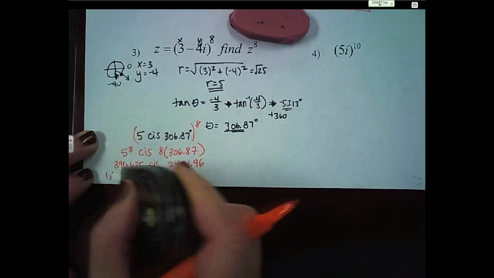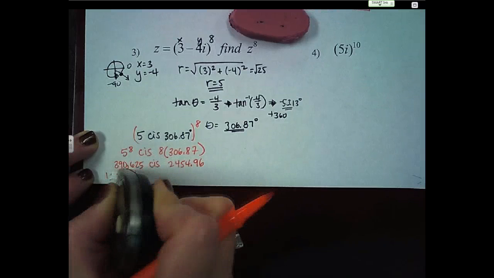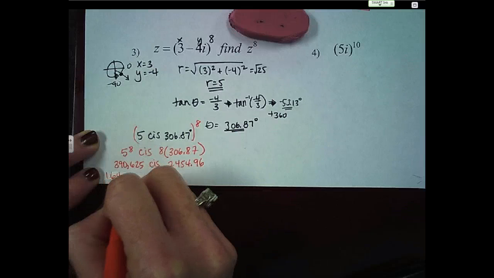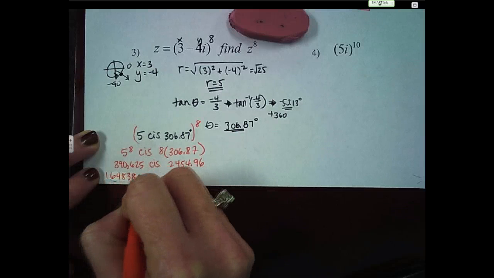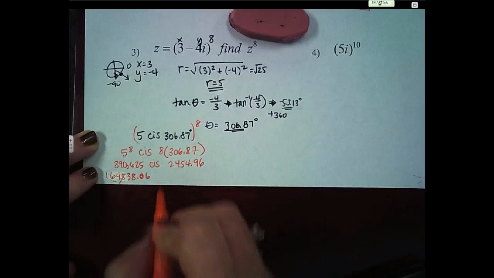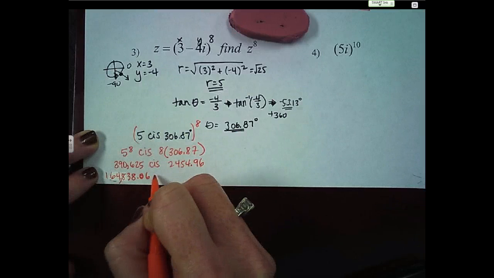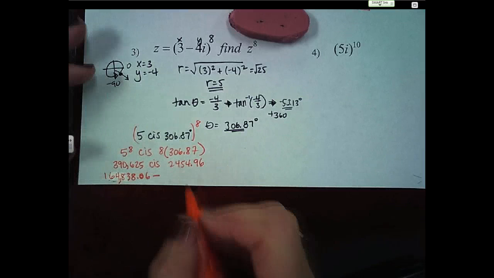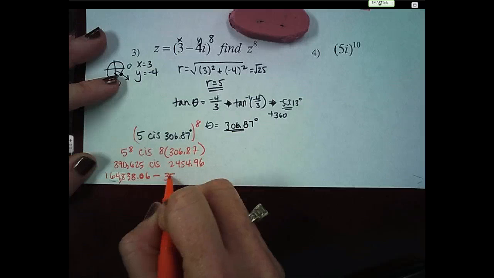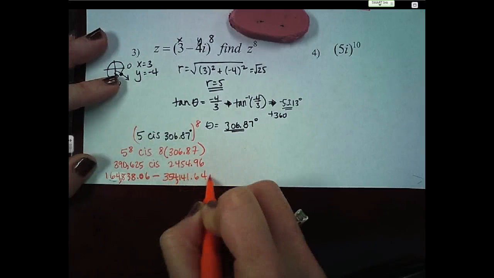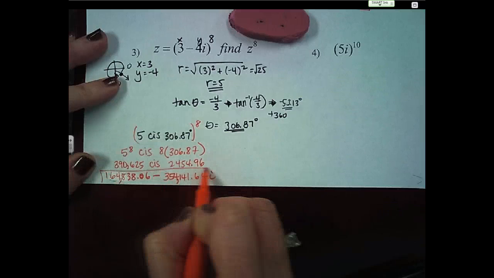Sorry. I'm going to say minus, because now you're going to do 390,625 sine of that number, and you end up with a minus. And don't forget about your i on the end.